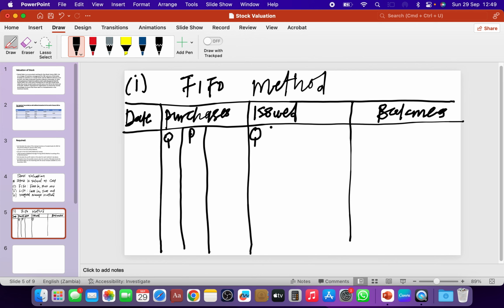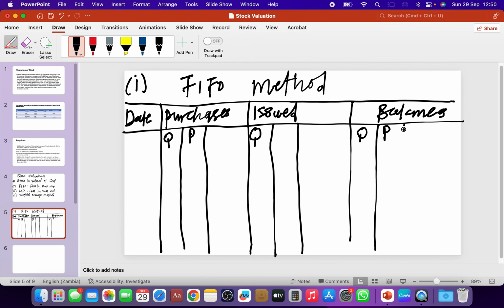Same here, you have the column for quantity, column for price, and the column for value.